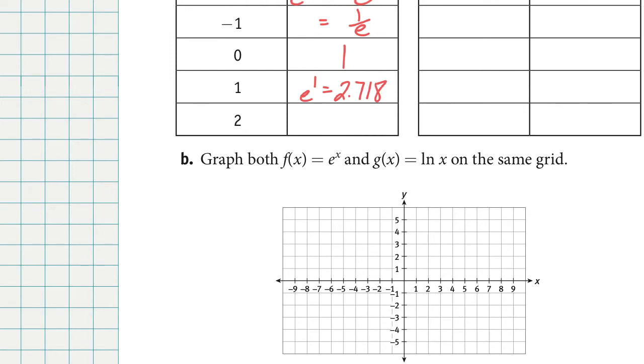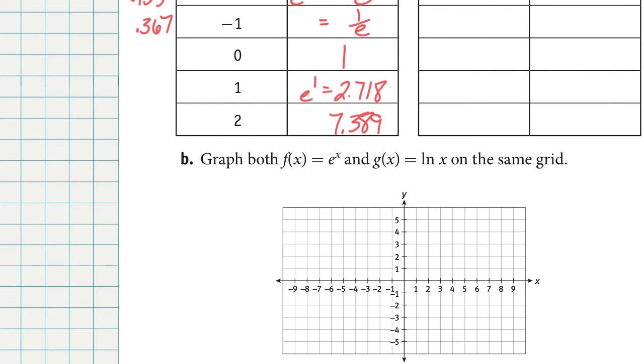And then e squared is going to be 7.389. And I'm going to go ahead and write these decimal numbers to the other ones just so we can have an idea. You can write them in the front too if you want.